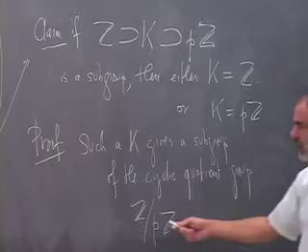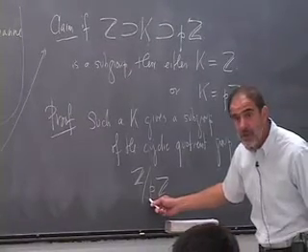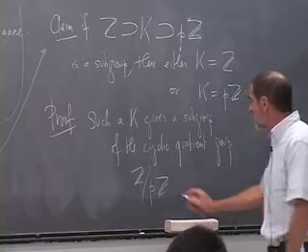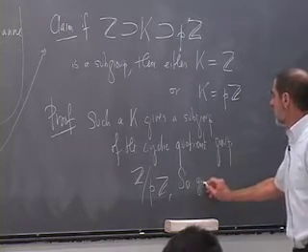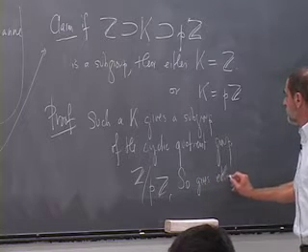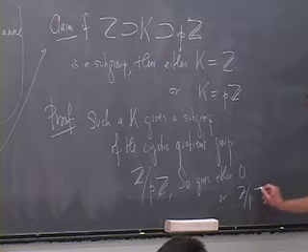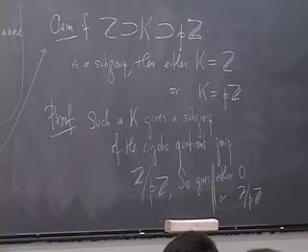We showed that a group of prime order had no non-trivial subgroups, because the order of a subgroup divides the order of the group. So it gives either the zero subgroup or the entire group. That was by our result about groups of prime order. They had no non-trivial subgroups.